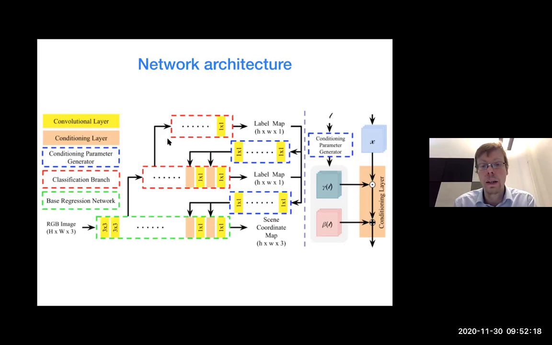And then, also this network has this hierarchical structure, so that at the highest level, we first predict the labels for the coarse regions, and then use these predictions to condition the prediction for the finer level region labels, and finally use all this information as additional input to predict the scene coordinates.